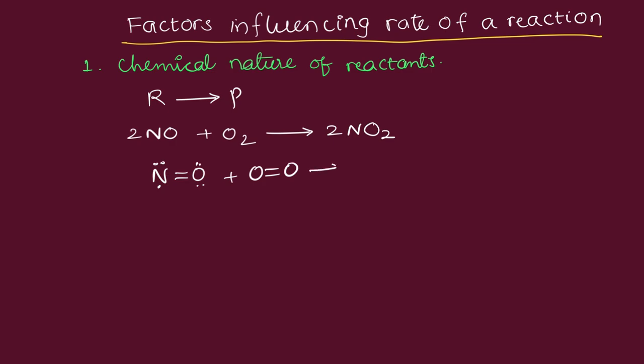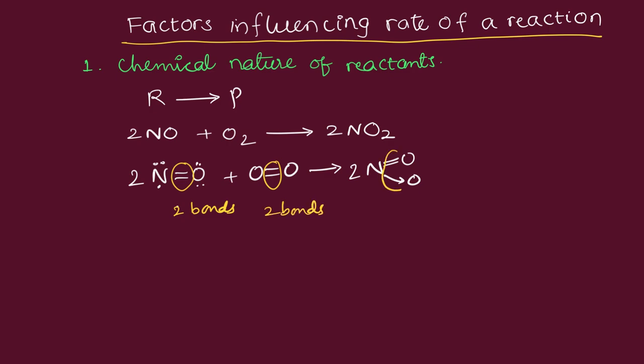This is converted into 2N double bond O. Totally here, how many bonds are there? This is 2 times. So, in this molecule, I am counting these bonds, that is, these bonds, 2 bonds. Here also, 2 bonds.